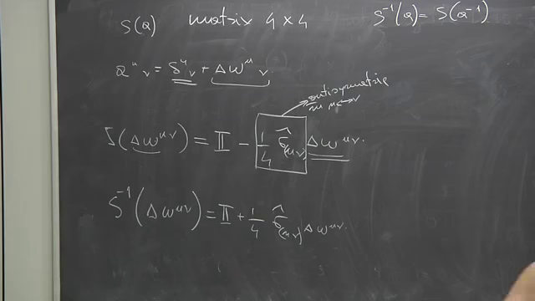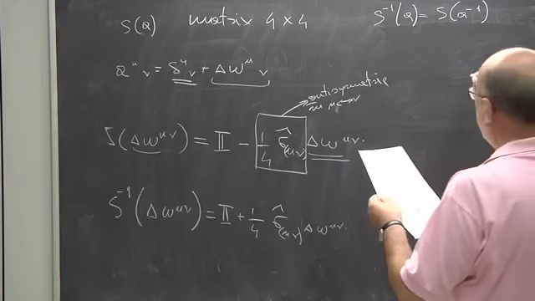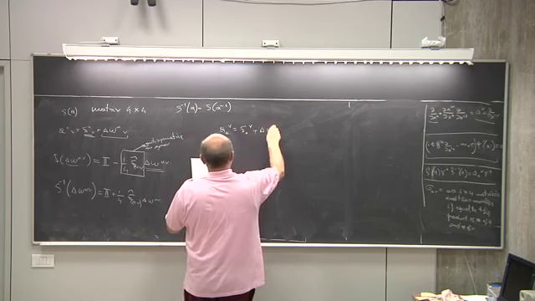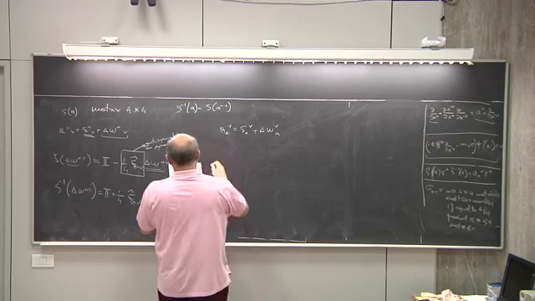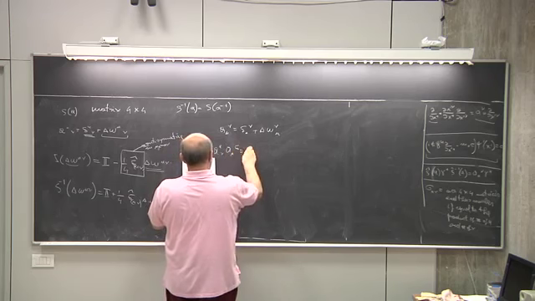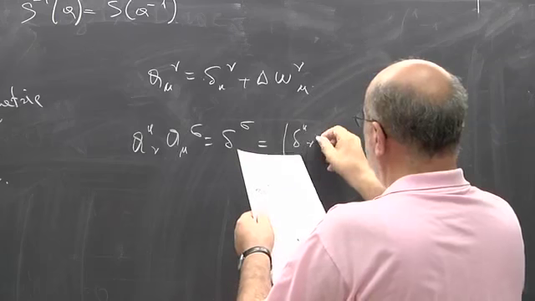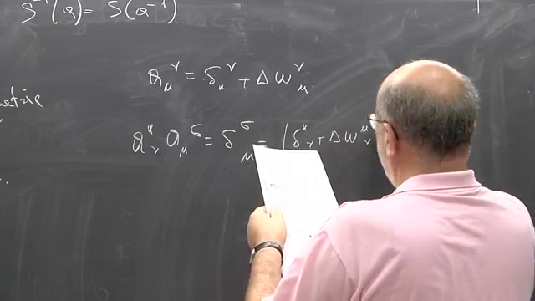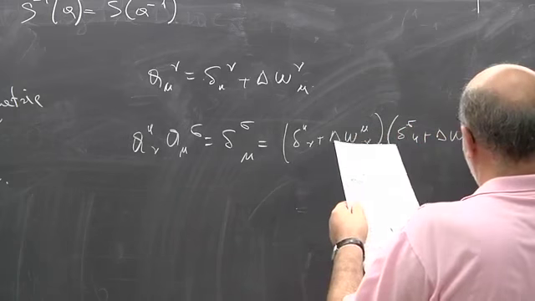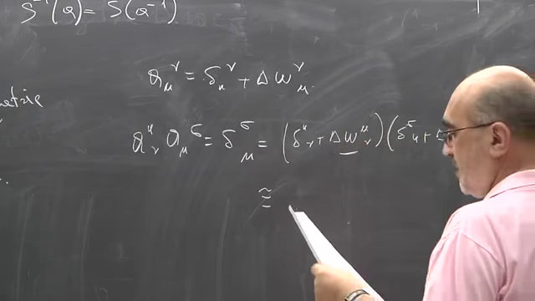Now, why? Let's make the proof of why they are antisymmetric. They are antisymmetric because this is antisymmetric. Okay, let's start. A mu nu is delta mu nu plus delta omega mu nu. Now we know that for the orthonormality relation, A mu nu and A mu sigma is equal to delta sigma nu. So let's insert these. We have delta mu nu plus delta omega mu nu, delta sigma mu plus delta omega mu sigma, and this is equal roughly, let's neglect the second order because it is infinitesimal.